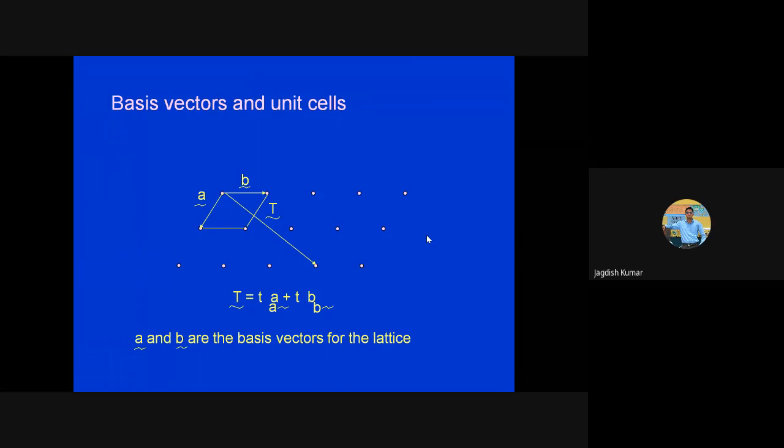Then you are asked to close your eyes. Maybe somebody did the translation as per this translation vector given by this equation. When you are asked to open your eyes, you are again on some lattice point. Now this may be some other lattice point, but since you are not in a position to distinguish between the points, because those are zero-dimensional dots, you can't distinguish.